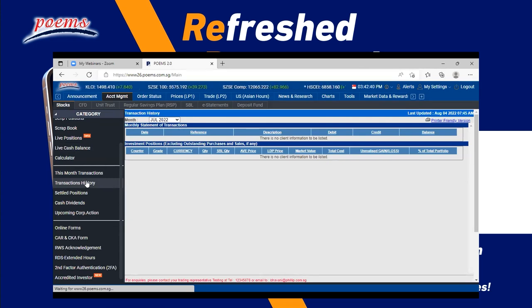To be more convenient, I would recommend that you download your monthly e-statement every month so you have a record, because the e-statement is only available up to 1 year. I will show how to retrieve it later on. So this will be the transaction history, but because this is a demo account, there wasn't any transaction.